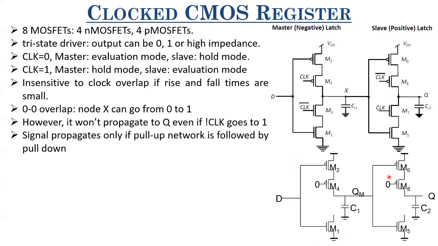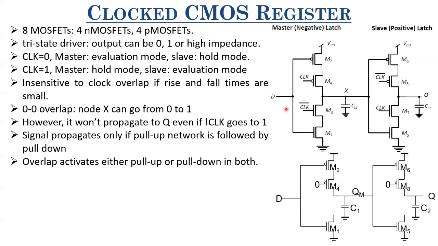So it exploits the duality of the pull-up network and pull-down network. A signal from D propagates to Q only if a pull-up network is followed by a pull-down network, because the pull-up network can only give you output 1, and that output, if fed to the pull-down network, can change the subsequent stage output. If it is given again to a pull-up network, then it won't change, because an input of 1 doesn't change the state. It basically turns off the P MOSFETs, right?